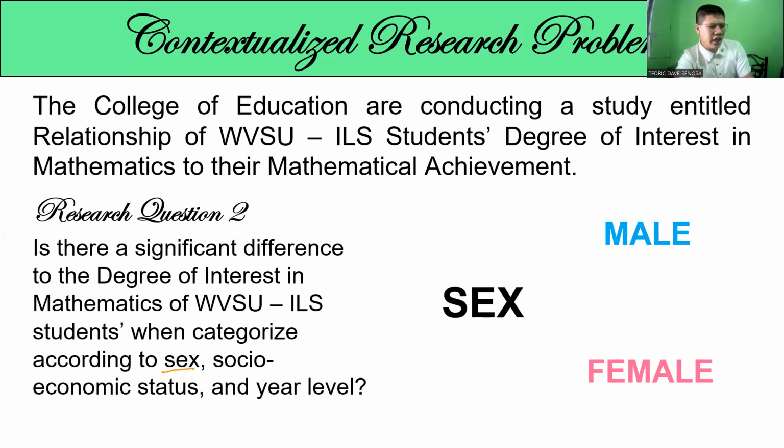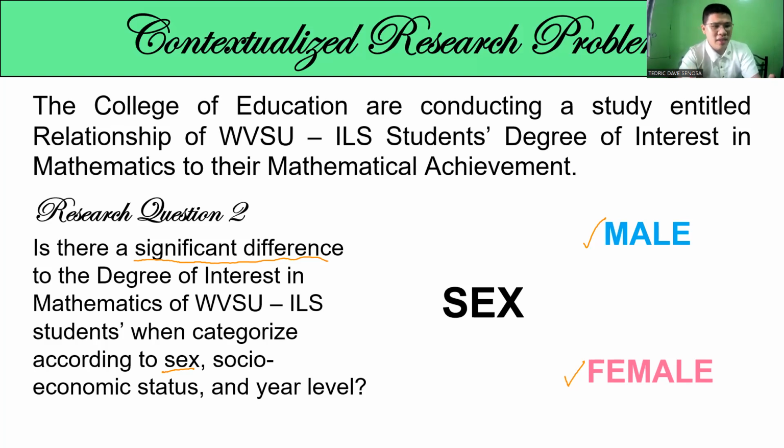So as you can see here, we want a significant difference for a variable that has 2 groups, which are male and female. So if you want to find a significant difference using SPSS for a variable with 2 groups, versus if it has 3 or more groups.